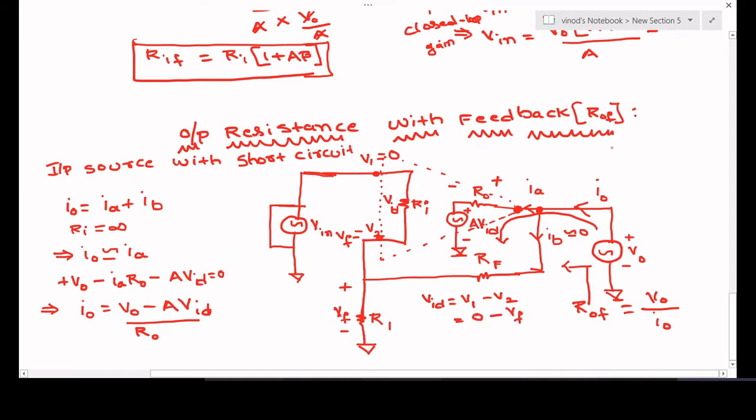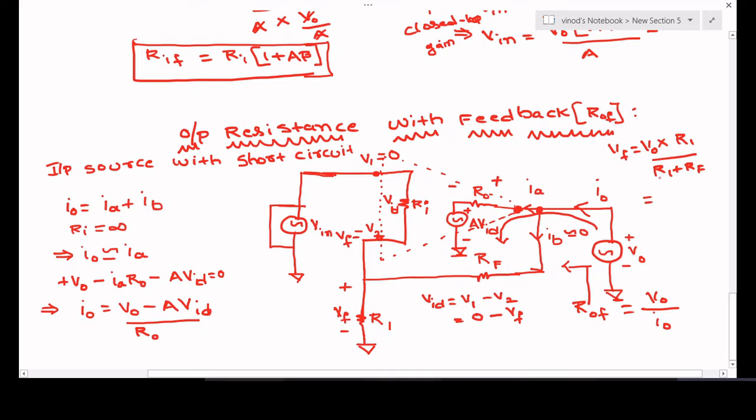So we already know the expression for VF. What is VF? VF is nothing but V0 into R1 by R1 plus RF, right? So VF is nothing but the voltage across R1. From where is it getting the voltage? From V0. So VF is R1 by the sum of the two resistors R1 plus RF, times V0.